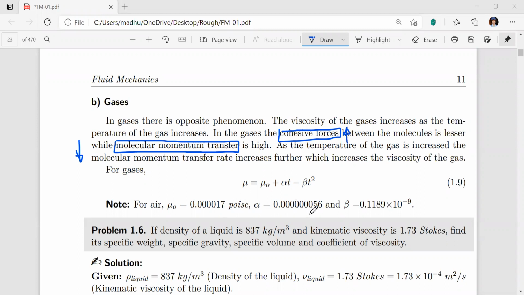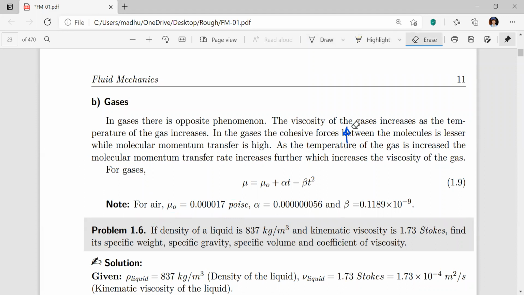The values of alpha and beta are given. For air, which is a standard fluid in the gaseous form, mu naught is 0.00000017 poise. Again it is in poise, so you have to convert it into Newton second per meter square.